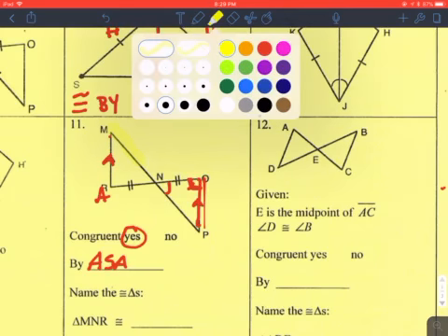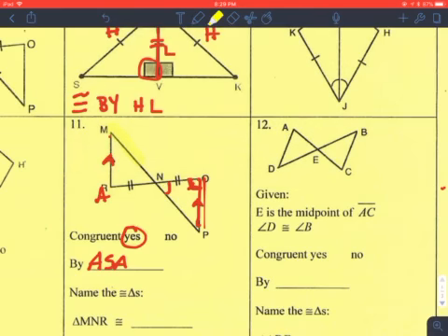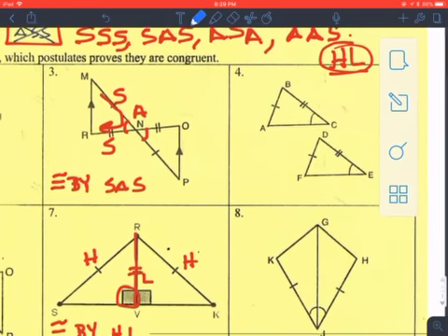So if we go in the order of M, N, R, ooh, that's not what I wanted. I wanted this one. If we go M, N, R, so I go from the one with no marks on it to the one with 2, so I'd have to go P, N, O. So it'd be triangle P, N, O. Alright?